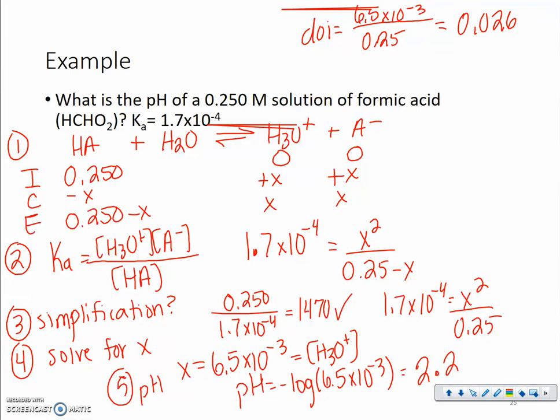Your percent ionization is going to be that times 100, so 2.6%.